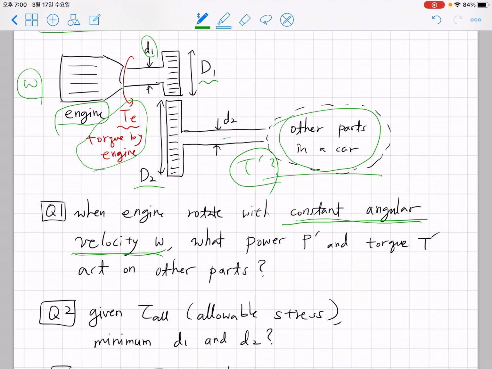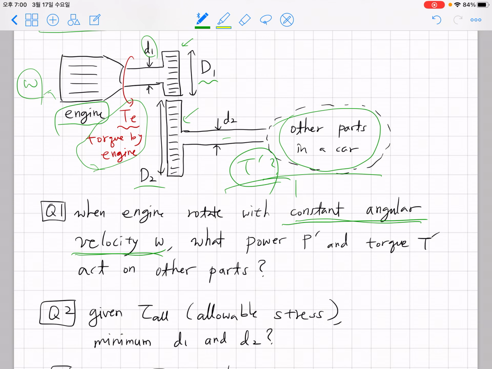So the engine is exerting torque Te, then there is a gear with different diameter, and how much torque will be exerted on the other parts of the car through the transmission system? That's the first question. And of course, in addition to torque, what will be the power? Power exerted by the engine is torque multiplied by angular velocity w, which we have already learned in freshman physics.